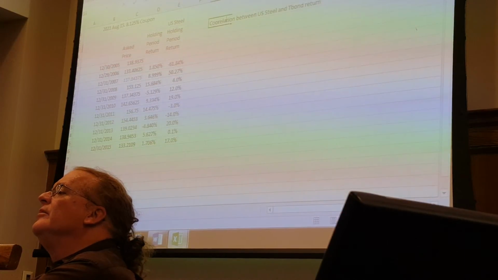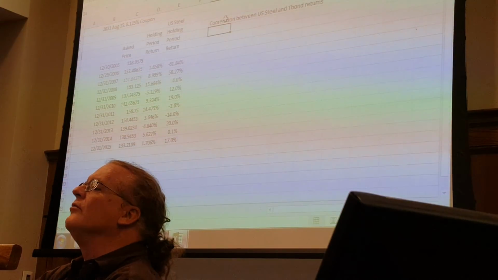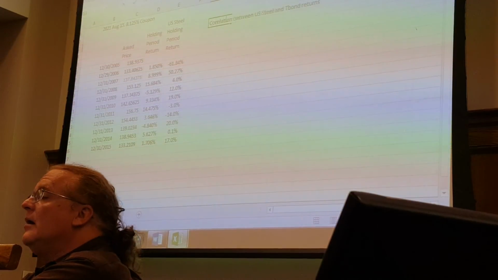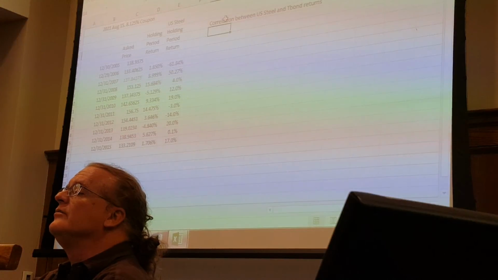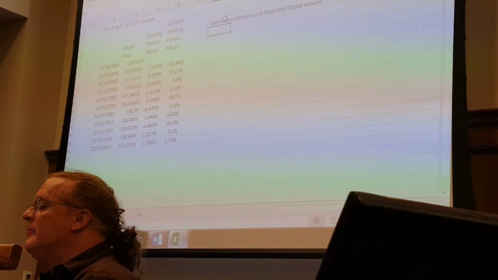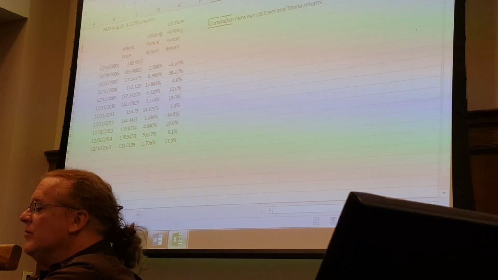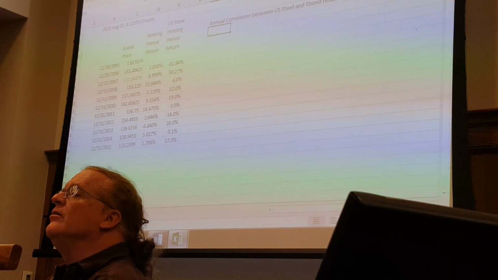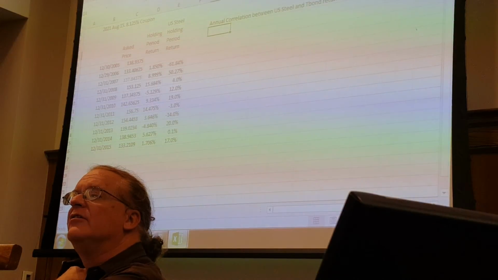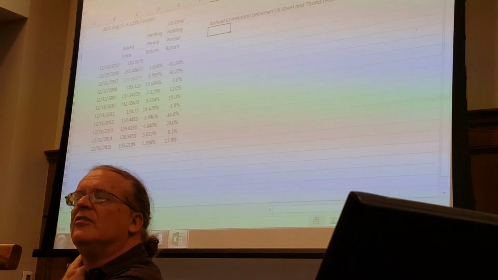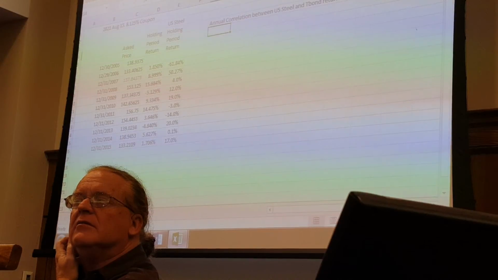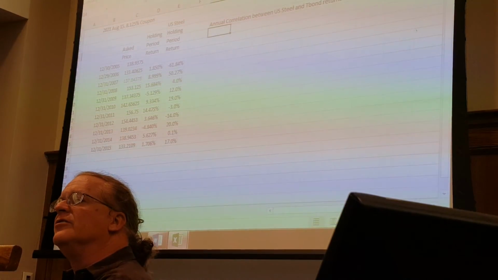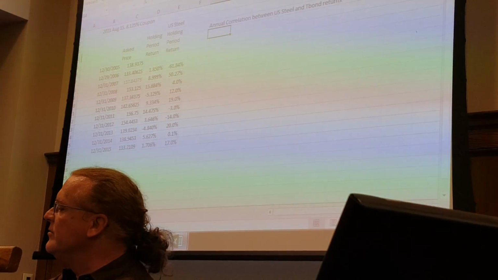Because what you're going to do, you want to make a portfolio of the two securities. So first thing you want to do is look at the correlation between the two.